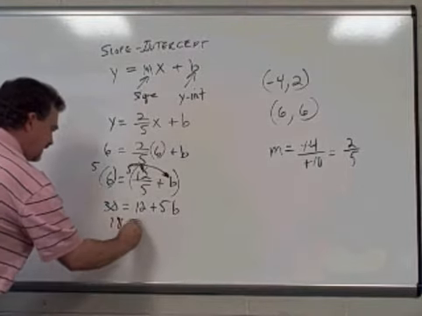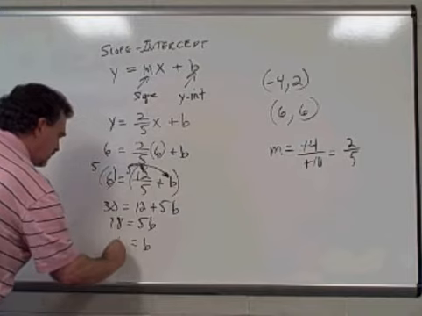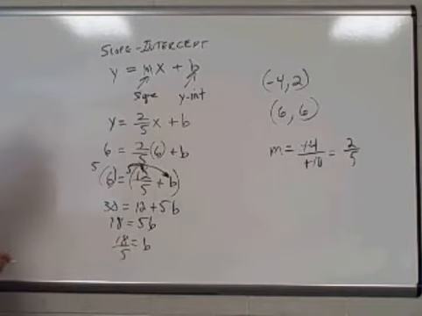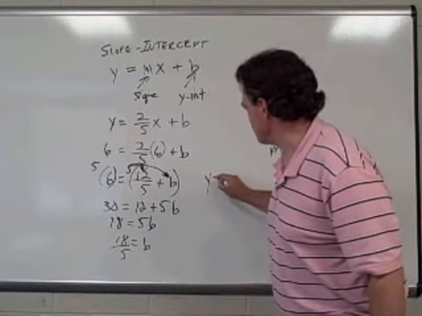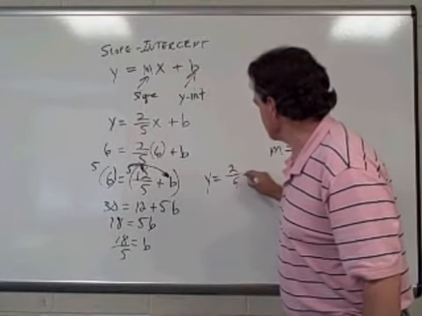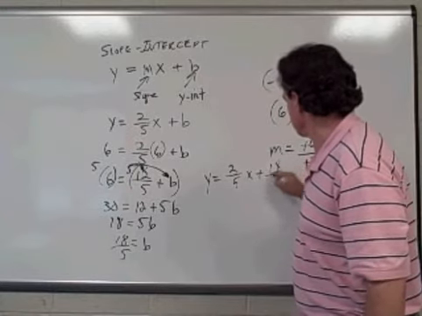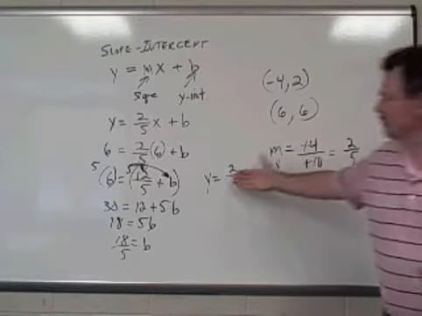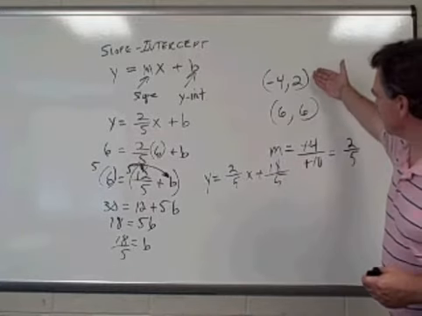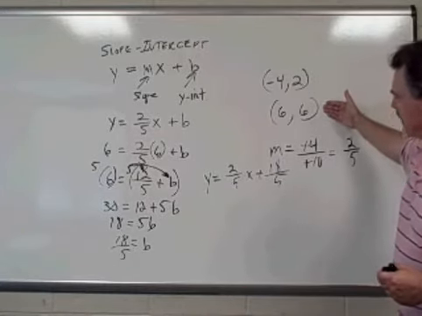Or 18 equals 5b, or b equals 18/5. And now I have my b value. So my equation is y equals 2/5 x plus 18/5. And here is the equation that would contain those 2 points as solutions.